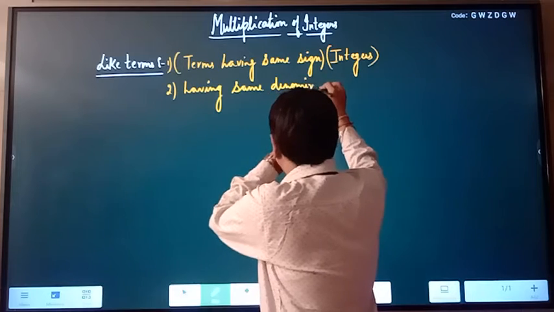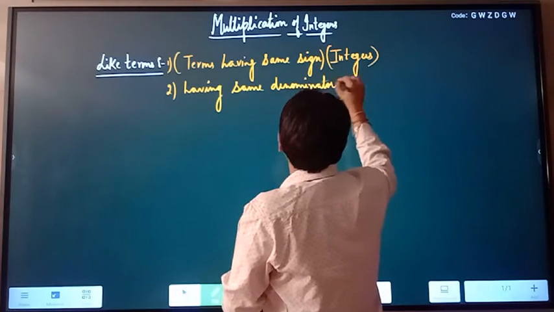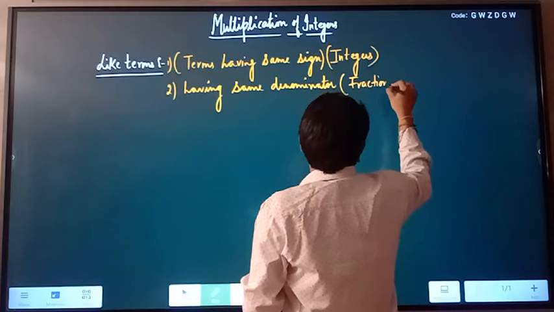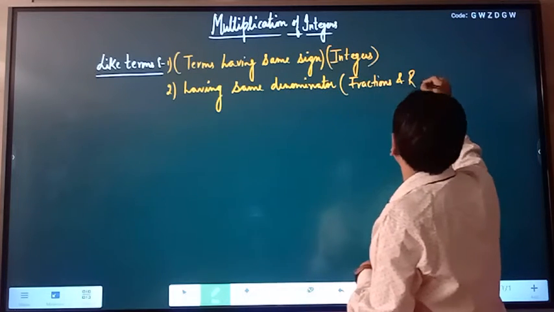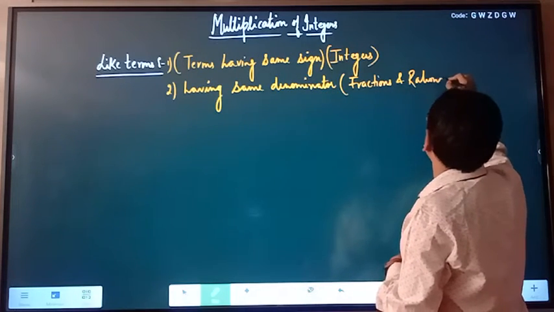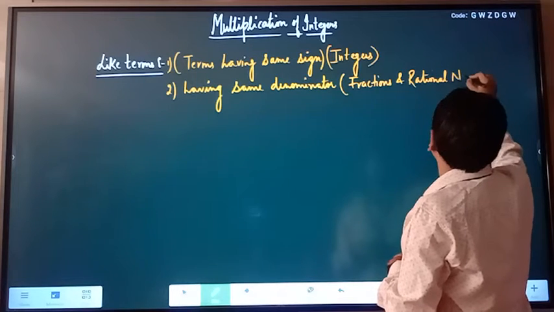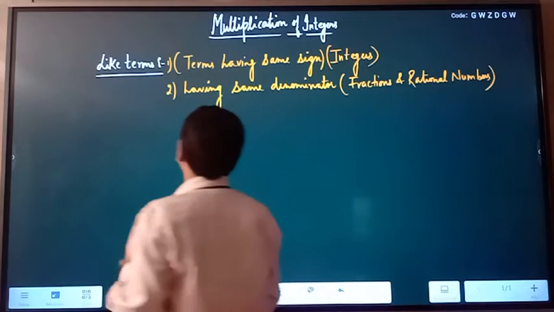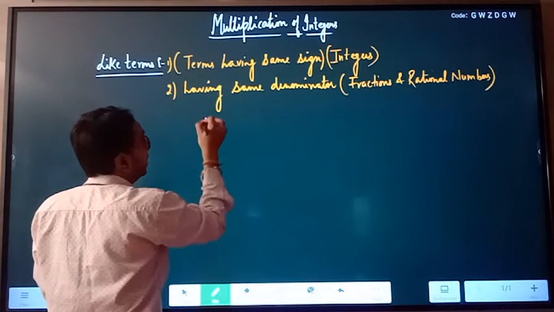When we talk about the same denominator, that comes under the topic fractions and rational numbers. So do remember, whenever your fractions have the same denominator, they are like terms. How do we write fractions?